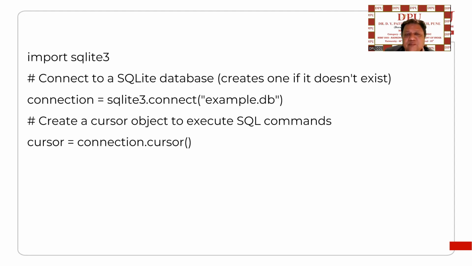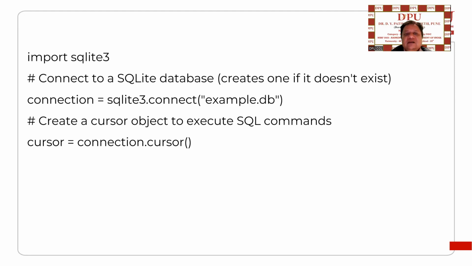So by using the import statement, we are importing the SQLite 3 library into my Python code. Now once you import SQLite 3, the next thing is to create a SQLite database. If the database exists, it will simply open and it will be connected.